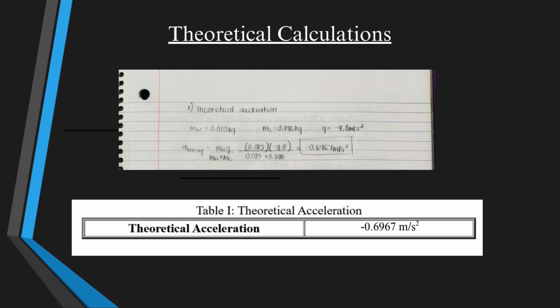Now, to get to the real calculations, we plug in all of our variables: theoretical acceleration equals 0.015 times negative 9.8 over 0.015 plus 0.196 equals negative 0.6967 meters per second squared.